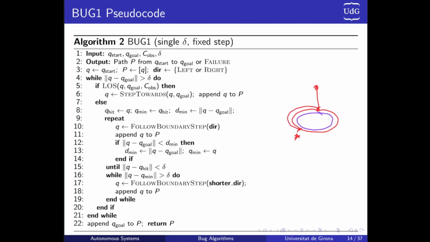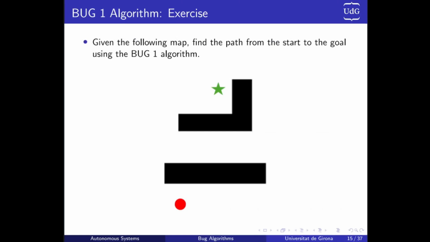Okay, and then we can move towards the goal. Then the path will be one full perimeter plus, not half, but almost half perimeter here. This is what we are doing, this half. And that's all. When this finalizes, we can move again to the line of sight that will move us towards the goal.